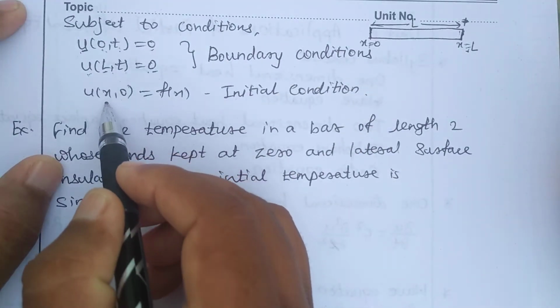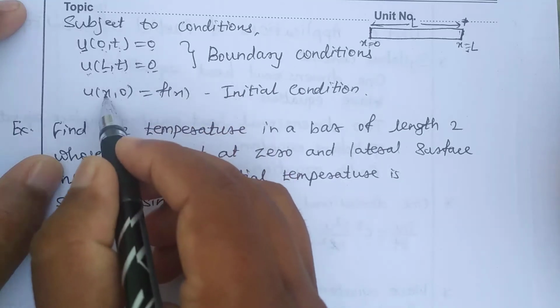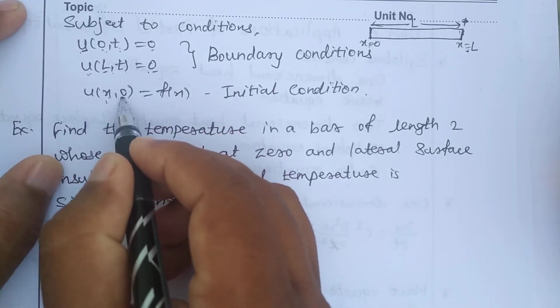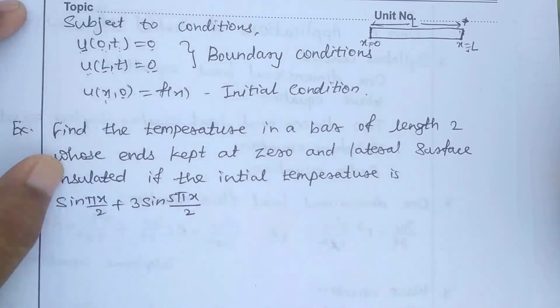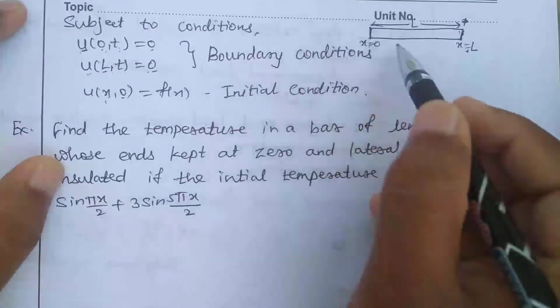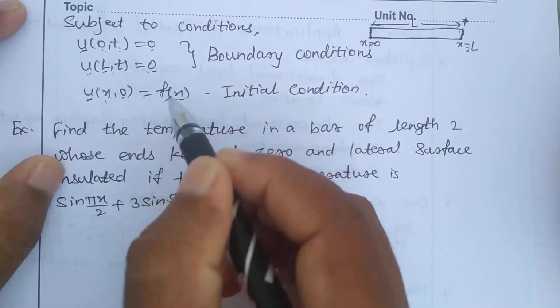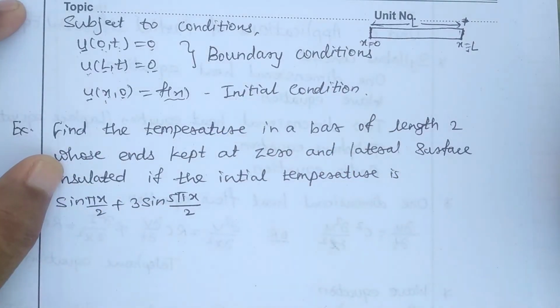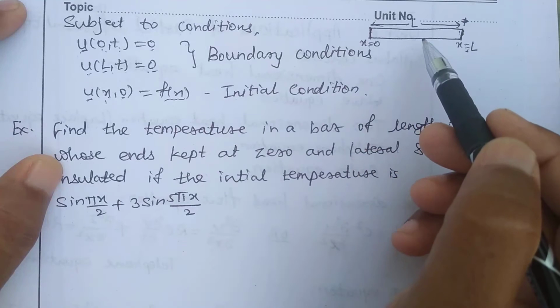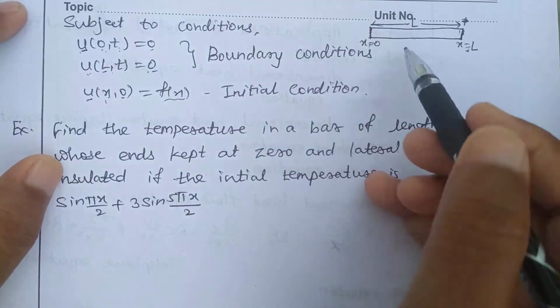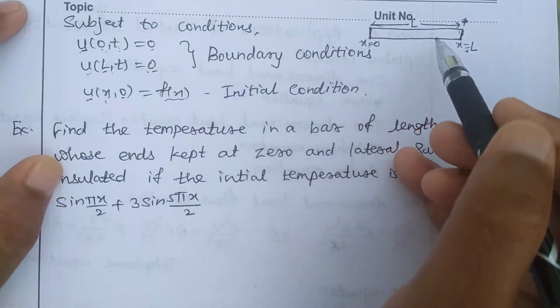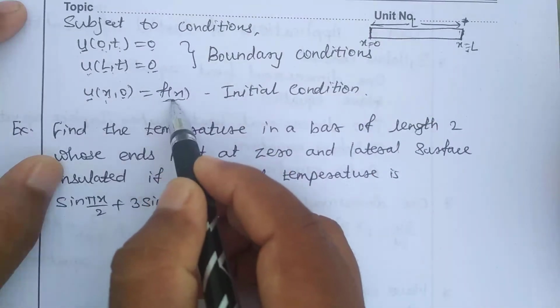And the third condition is the initial condition, that is u(x,0) = f(x), when time t is 0, before starting the time. The temperature in the rod is f(x). That means we are going to heat this rod, but before heating there is a natural temperature of the rod, f(x).